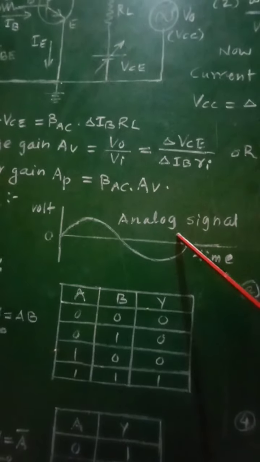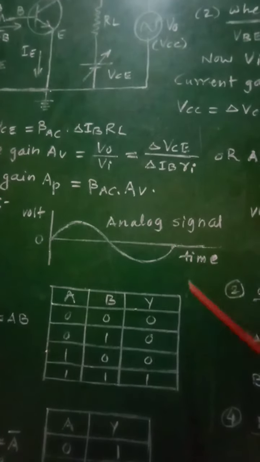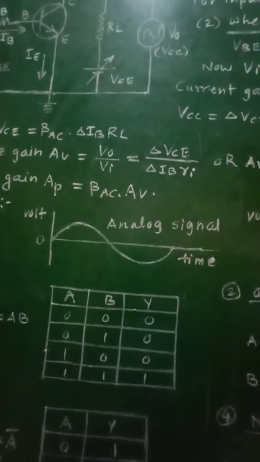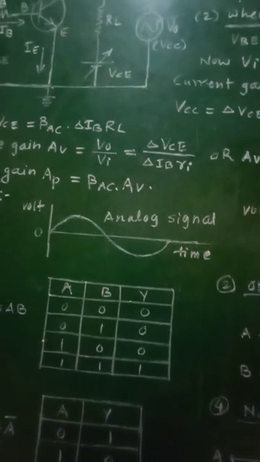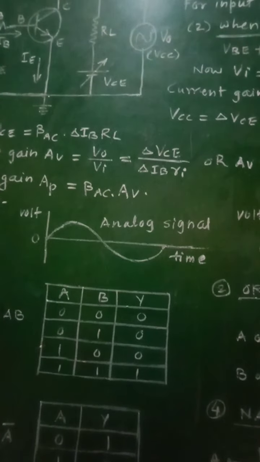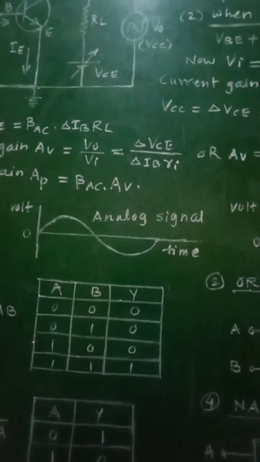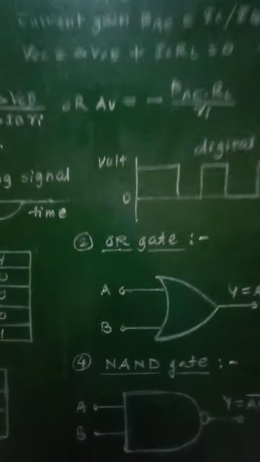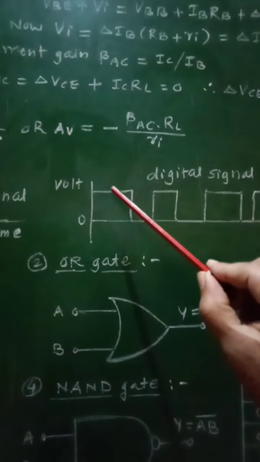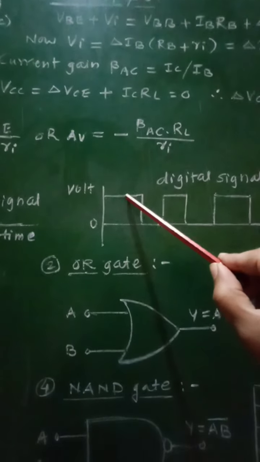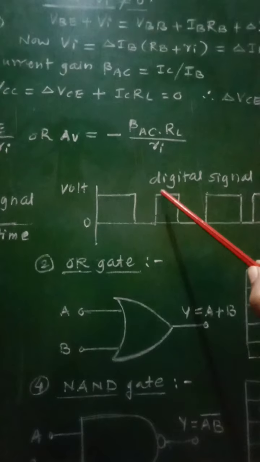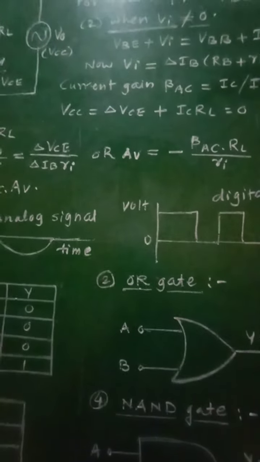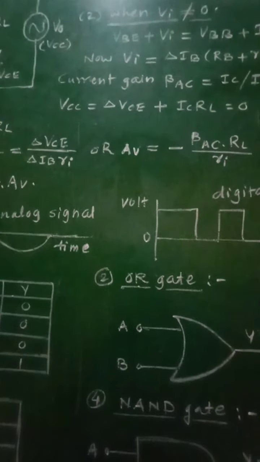So this is the sinusoidal voltage which is varying continuously with respect to time, and therefore it is called an analog signal. On the other hand, the signal which has only two discrete values is called the digital signal. That means in case of a digital signal, there will be only two discrete values, that is high value and low value, and therefore such a signal is called a digital signal.